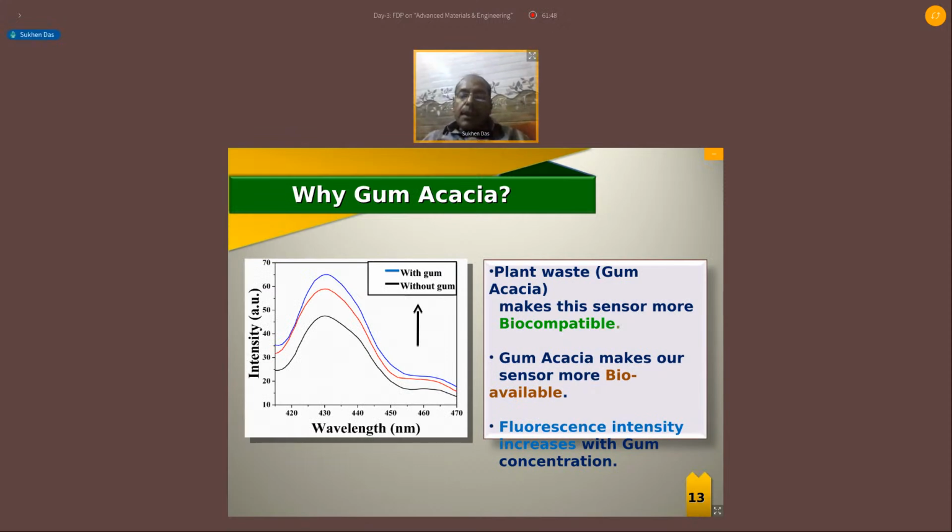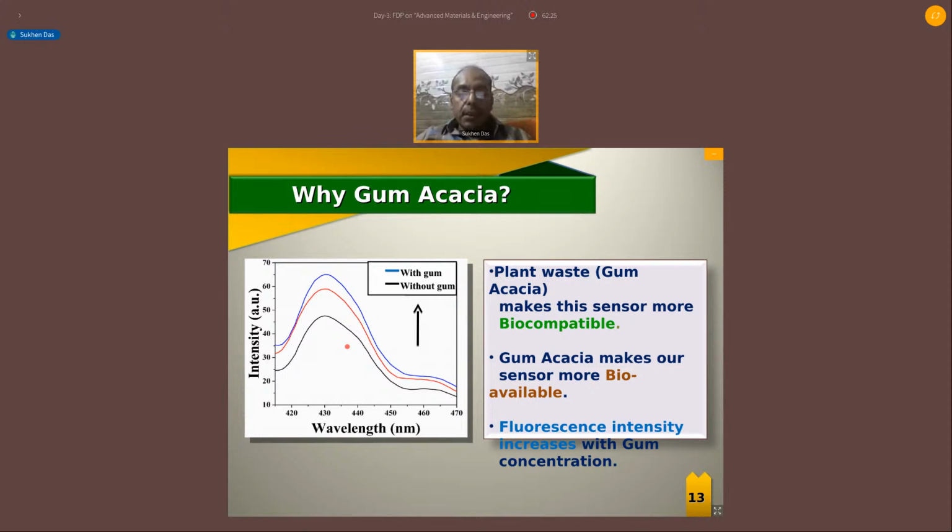Then one thing I have seen, the boehmite has a very good absorbance, fluorescence at 430. The lower black line is the absorption, fluorescence of the boehmite without any gum. If we give boehmite in water and allow that boehmite in front of a 370 nanometer UV light, then we'll get this light.